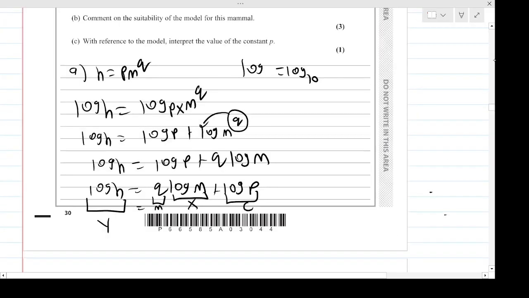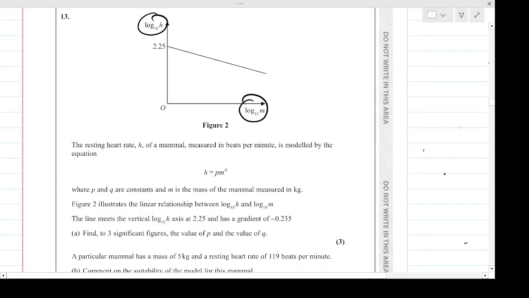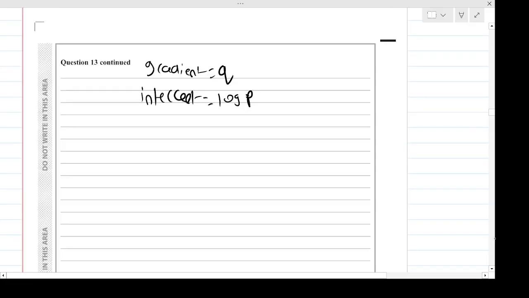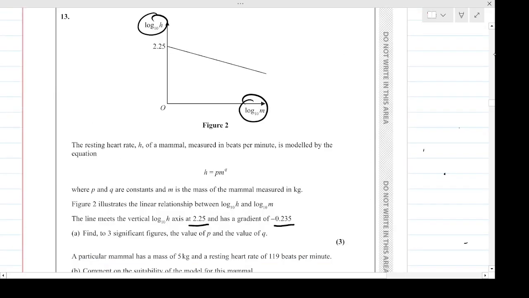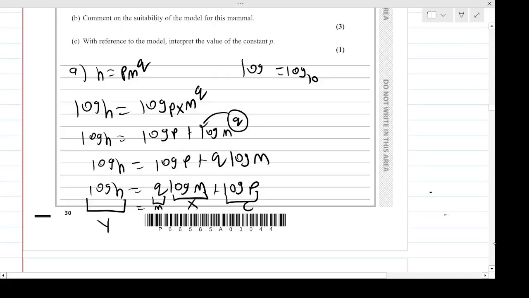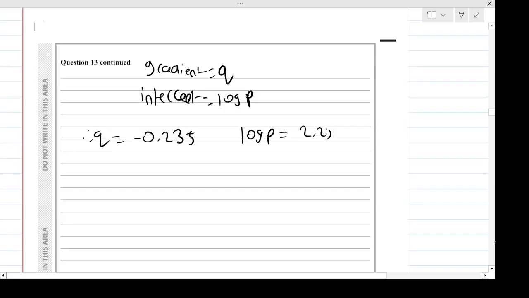Well, actually, I am given the gradient and the intercept. The intercept is 2.25 and the gradient is minus 0.235. So that means, therefore, q, the gradient, is minus 0.235. That has to be q. And also the intercept, the log p, I'm told the intercept is 2.25. So I equal log p to 2.25.